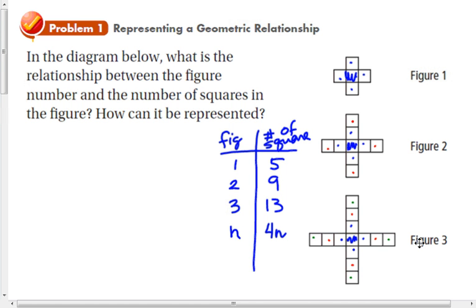So n is the figure number, and if we multiply 4 times n, if I did 4 times 1 here, that would be 4. 4 times 2 is 8. Notice that the number of squares is always 1 more than that, which makes sense for the way our diagrams are drawn. We started with 1 and then we added 4 around the outside. So 4n plus 1 will give us the number of squares.